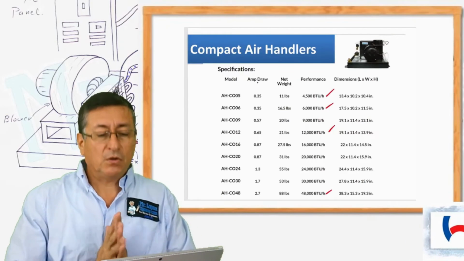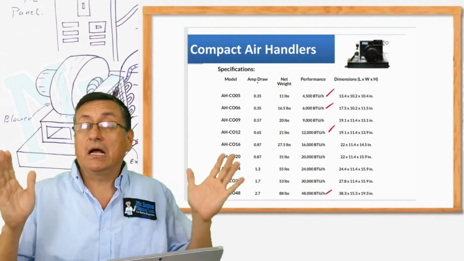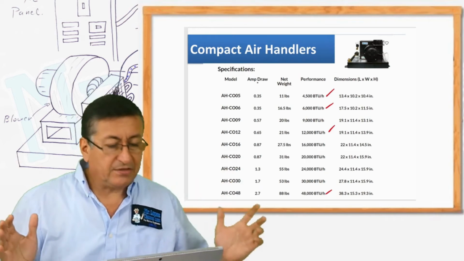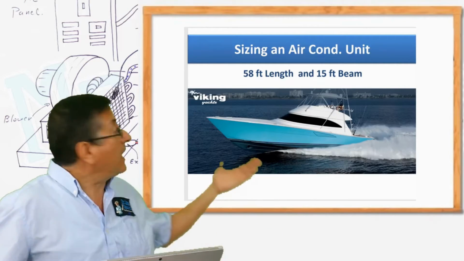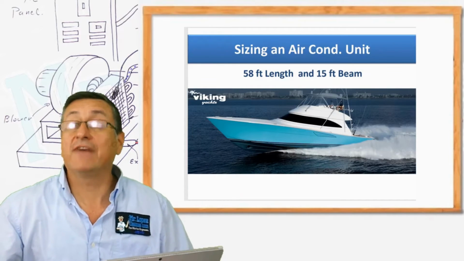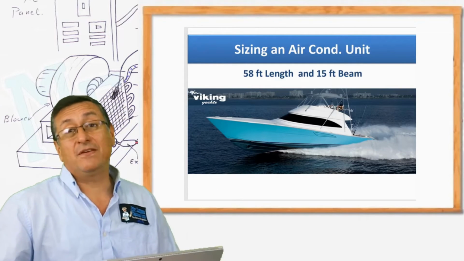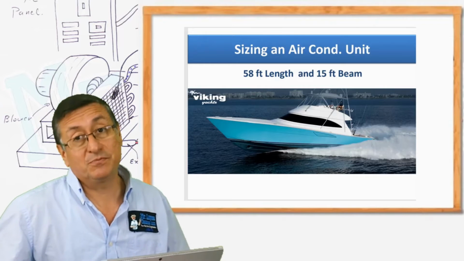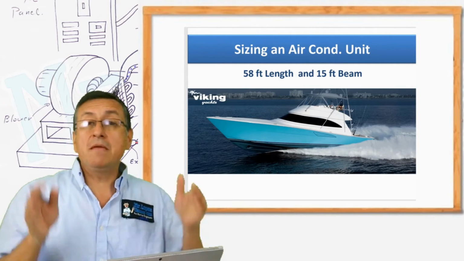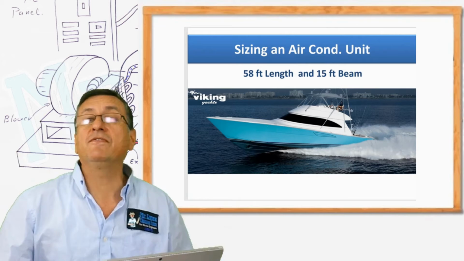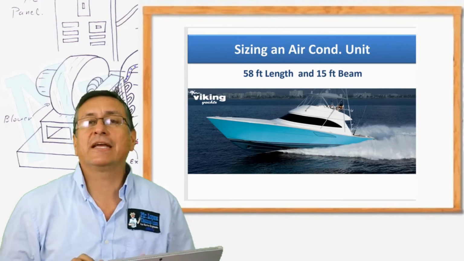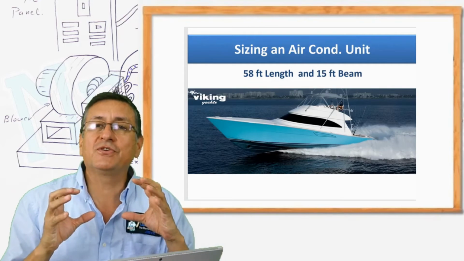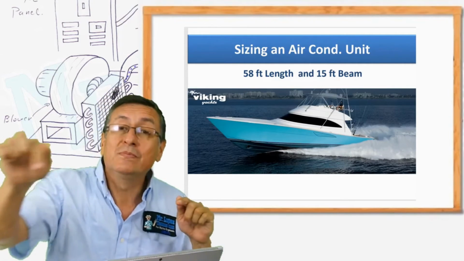All right, my friends, and I have a real example. Suppose that I have this Viking yacht. This is a nice yacht, a 58 feet boat, and the beam is 15 feet. We are going to calculate in this particular example the capacity of the air conditioning equipment for the saloon.